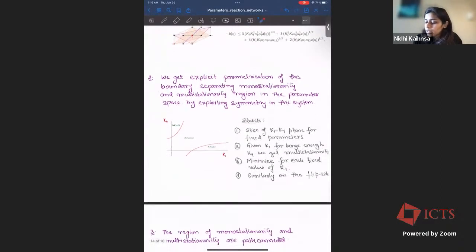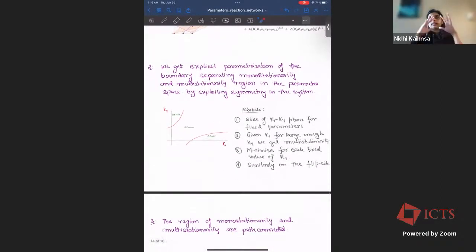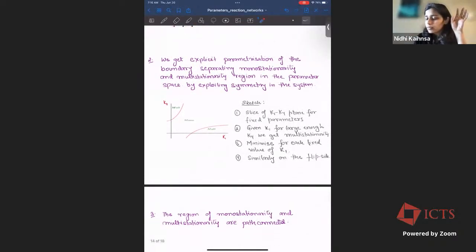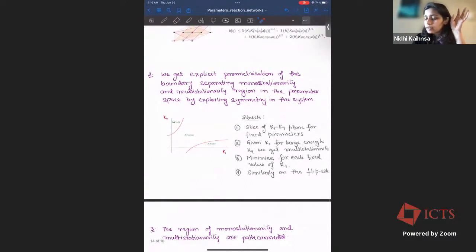In terms of connectivity, again in the R8 plane, right now this looks a little bit disconnected. That's because we are in the region where we are considering eta to be positive, but there is also a region where eta is not positive. But in the overall R8 space, the region of monostationarity and the region of multistationarity are both path connected.